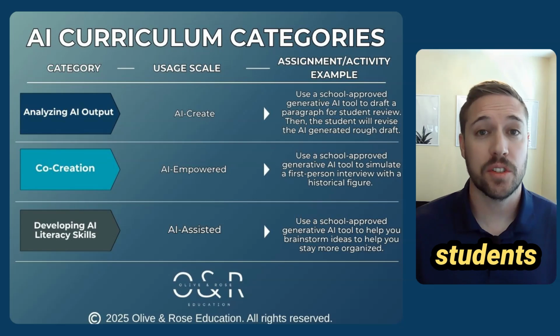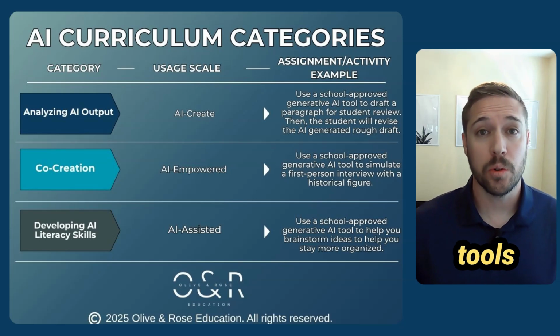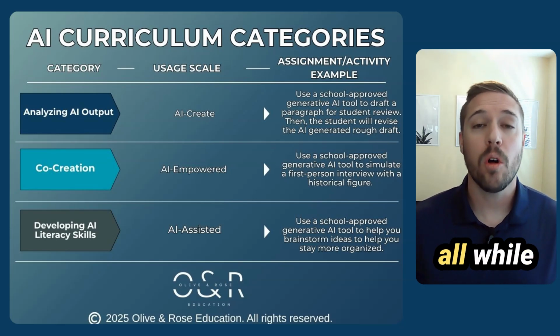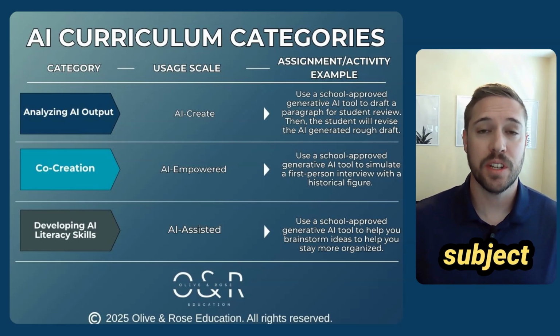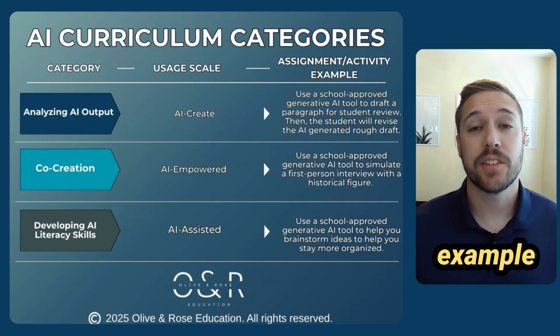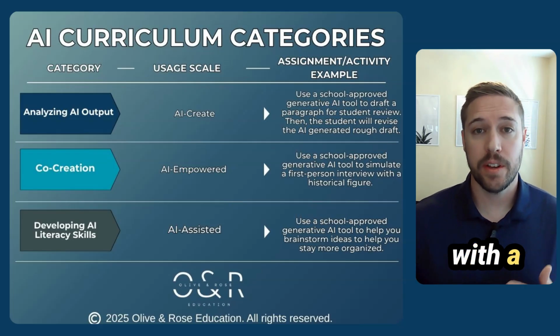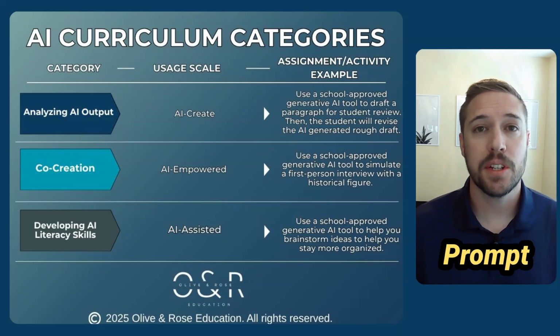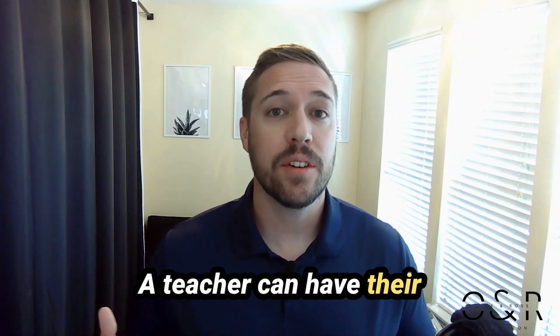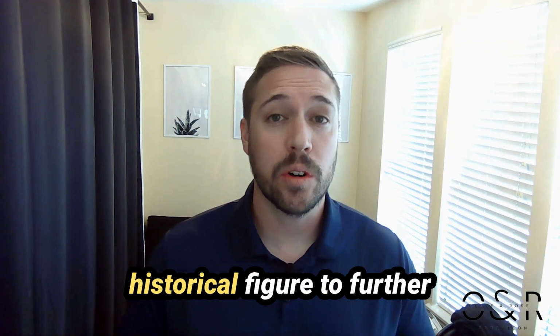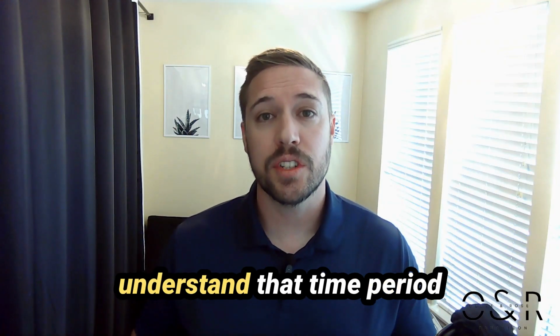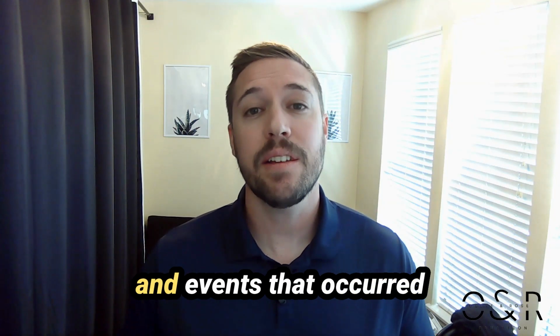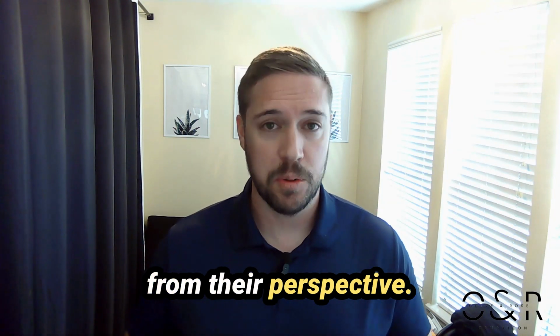This allows students to learn how to use these tools to their advantage, all while learning the applicable subject content. An example of this would be an interview with a historical figure that I mentioned earlier. With creative prompt engineering, a teacher can have their students interview a historical figure to further understand that time period and events that occurred from their perspective.